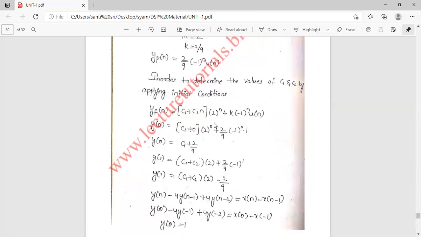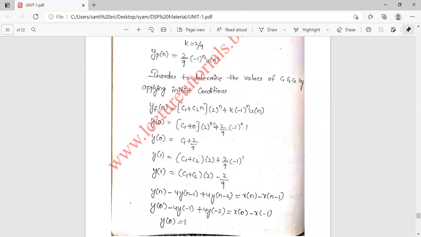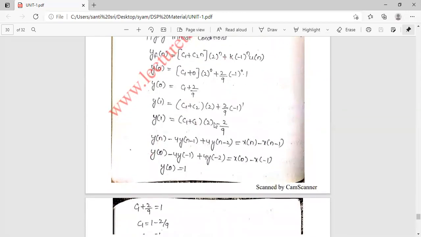So now applying the initial conditions. Replace n by 0, so that we will get y of 0 equal to C1 plus 2 by 9. Similarly, replace n by 1. So y of 1 is equal to (C1 plus C2) into 2 minus 2 by 9. So substitute these values in the difference equation.